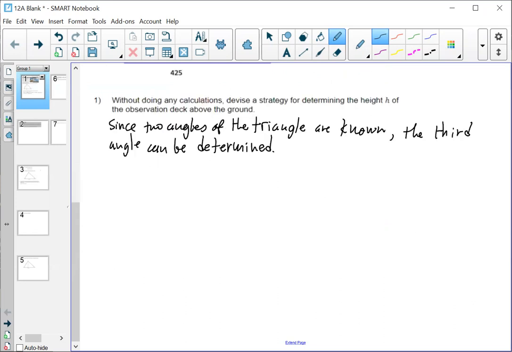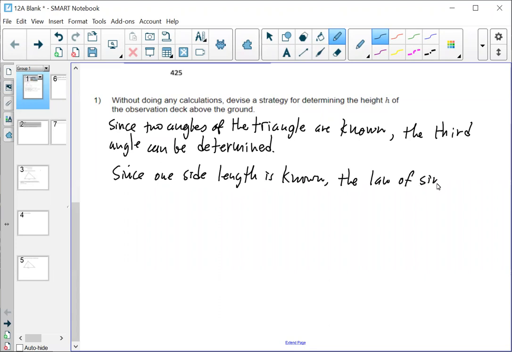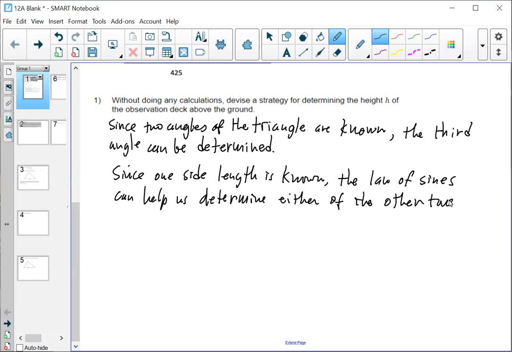Let me just scroll up a little bit more, and we can put that information here as well. Since one side length is known, the law of sines can help us determine either of the other two sides.